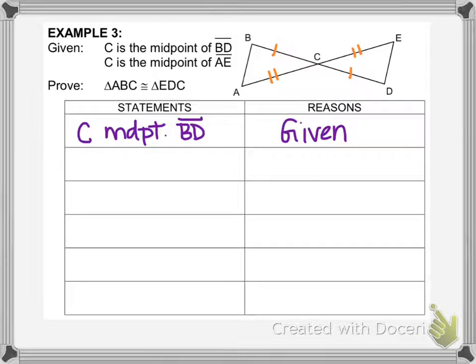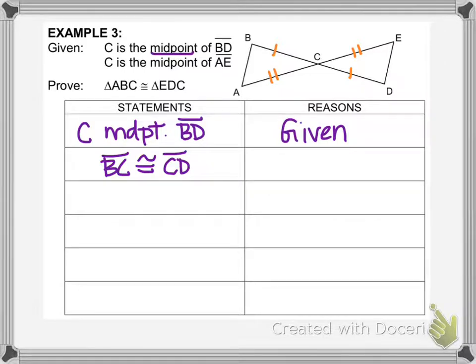So I can't go on to the next given until I make my congruent statement. That given, though, allowed us to say that segment BC was congruent to segment CD because that midpoint cut that segment in half. The reason we know that statement is because of midpoint.